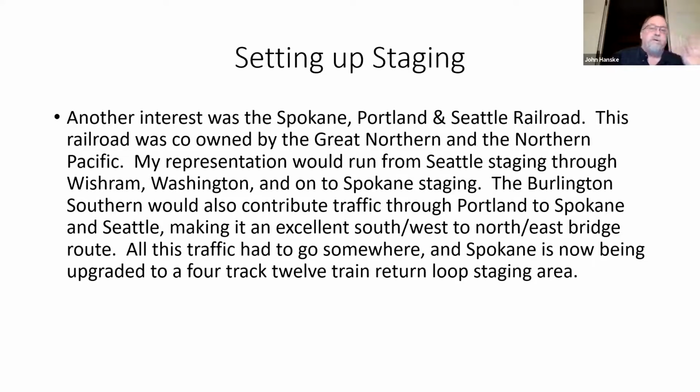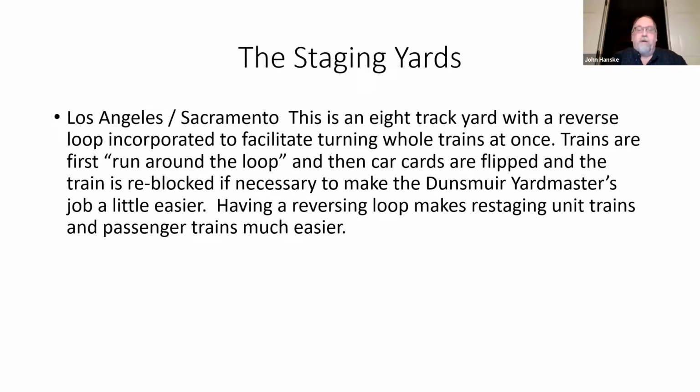So to do all these railroads at once, you need some staging. Well, all this traffic that was being developed basically went to Spokane on the east-west route, and it wasn't big enough. And we'll talk about that.